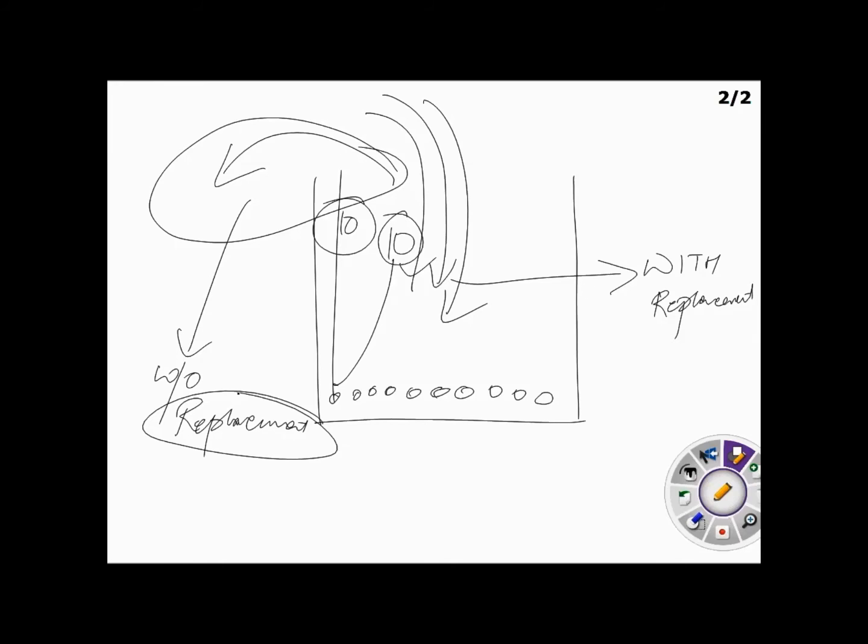In with replacement, what you're saying is that once you pick up chit number 1, the probability of picking chit number 1, if there are 10 people, would be 1 by 10. If it's put back into the box, it's again 1 by 10, so the probability remains the same for every individual every time.